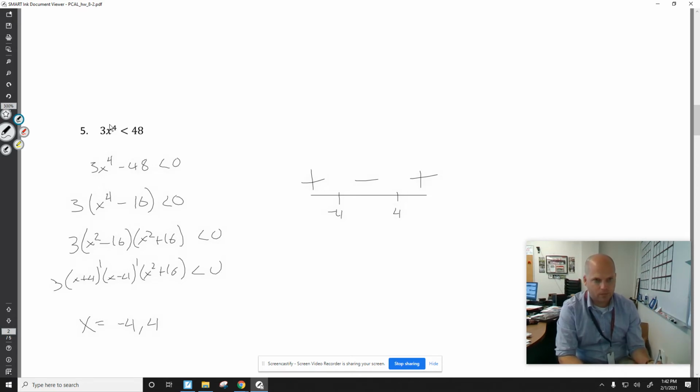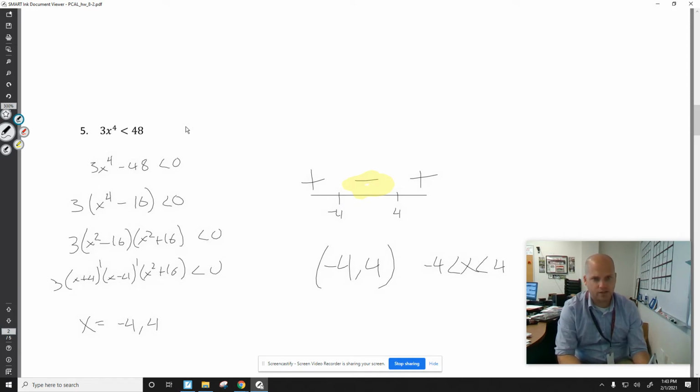That's one way. So when are we negative? When is 3x to the 4th minus 16 less than 0? Right there. So negative 4 to 4, or between negative 4 and 4, greater than negative 4, less than 4.